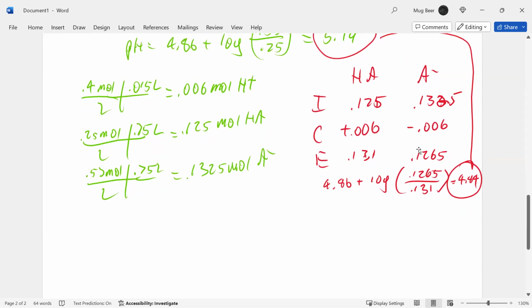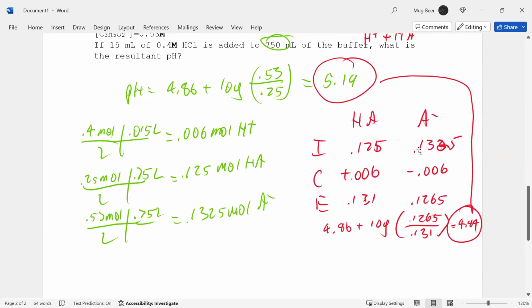Let's see what would have happened if I would have just dropped it into pure water. So I'm going to take my 0.006 moles of H plus divided by, in this case, 0.765 liters.